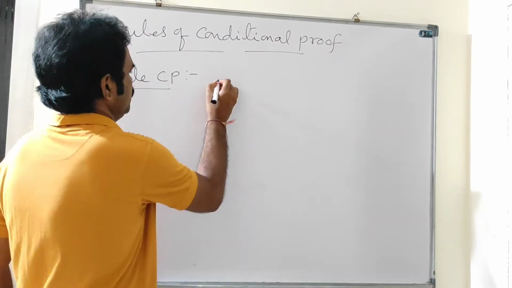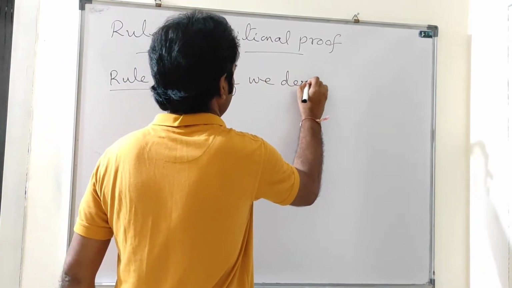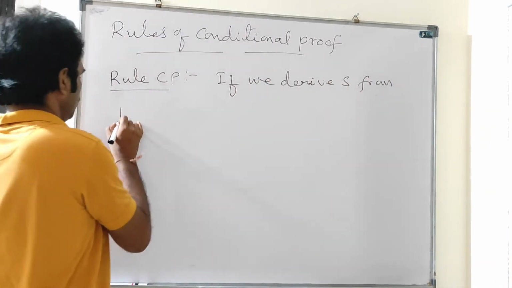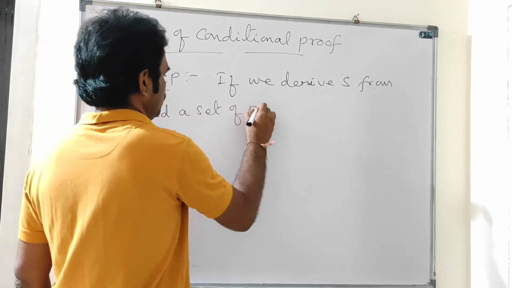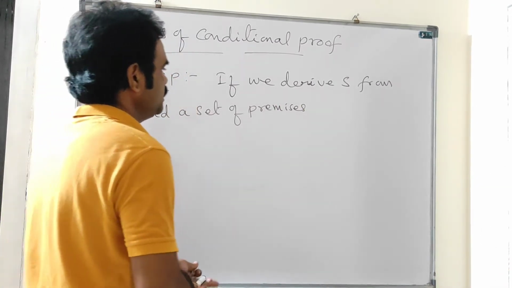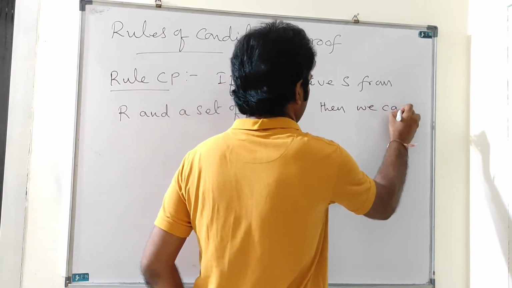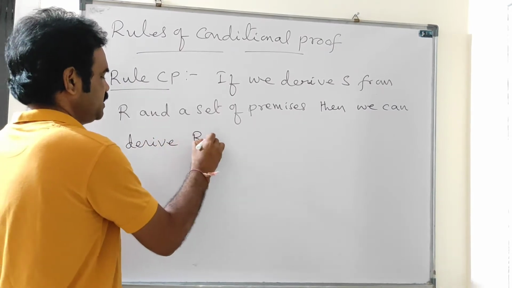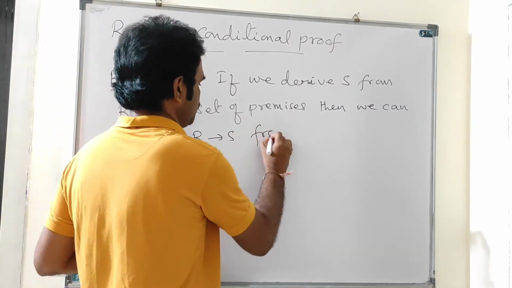So, if we derive S from R on a set of premises, then we can derive R implies S from the set of premises alone.